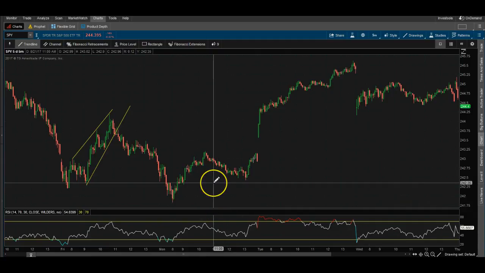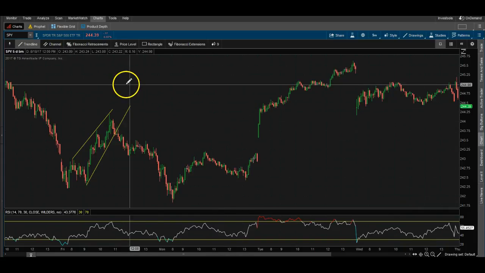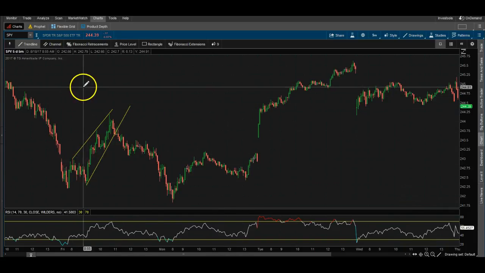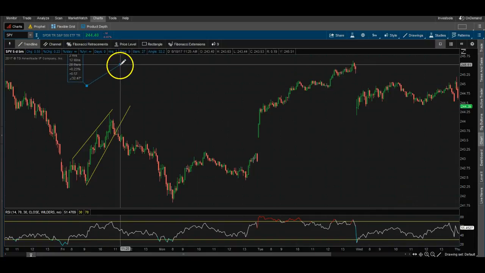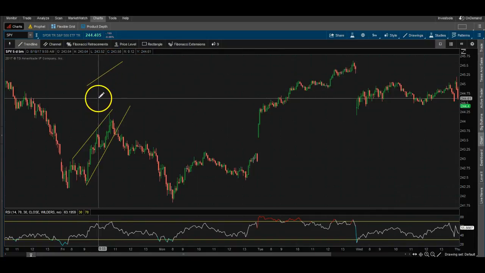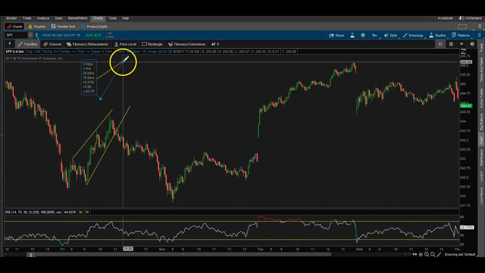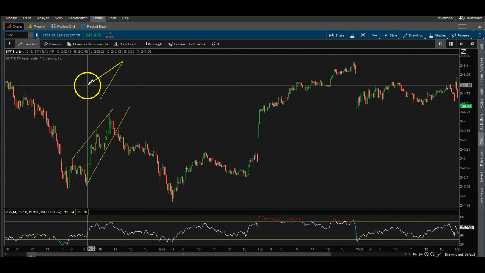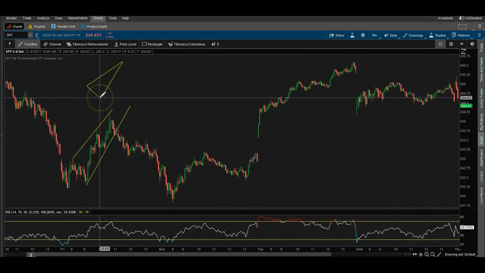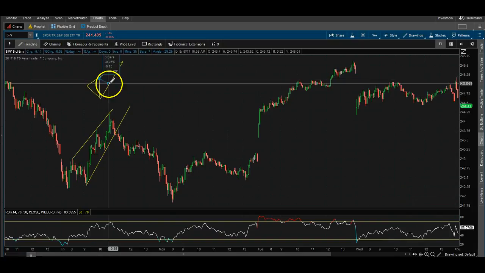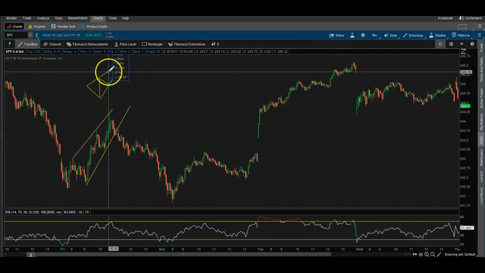Now, before we go any farther, let's talk about what a rising wedge is. A rising wedge is going to be a pattern similar to this right here. The whole theory behind it is price falls, right? And then it rallies, and then it pulls back. It's like trading within a channel, okay?